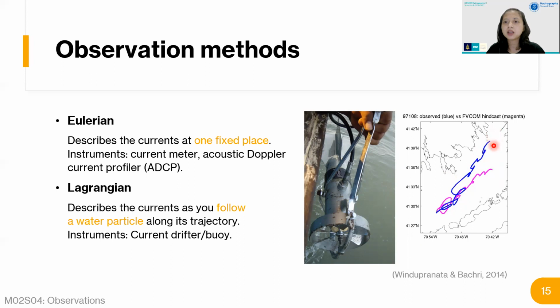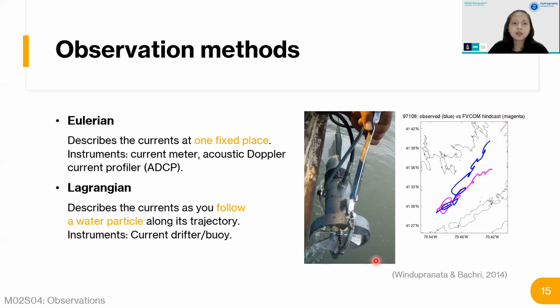For example, in here it might start in here and end up somewhere, and another drifter started in here and ended somewhere in there. Or actually I think it's the other way around, because normally you will put the drifter at one place and then it just flows somewhere.